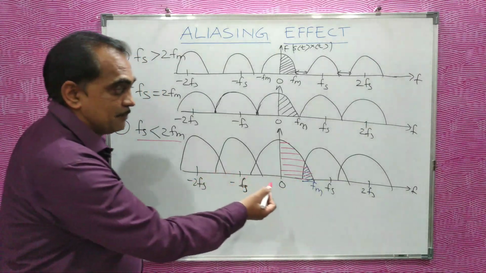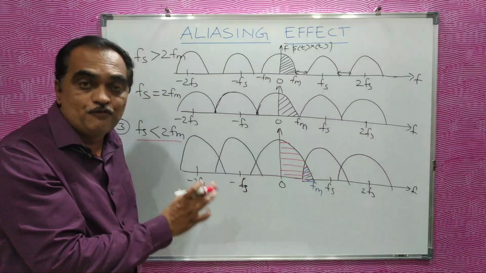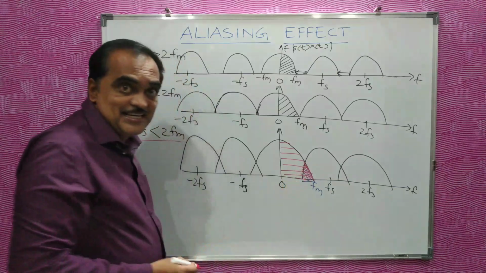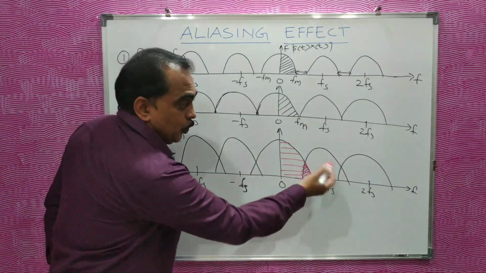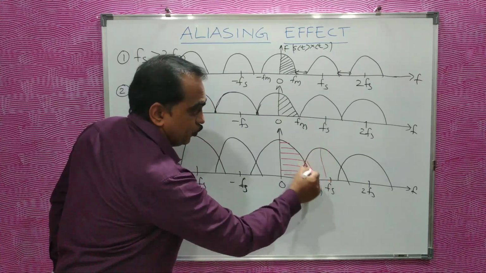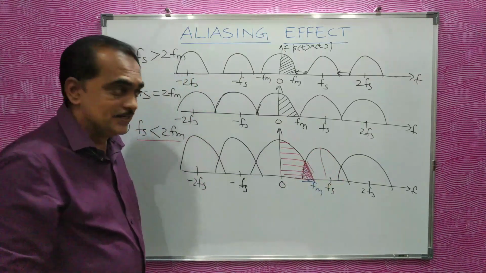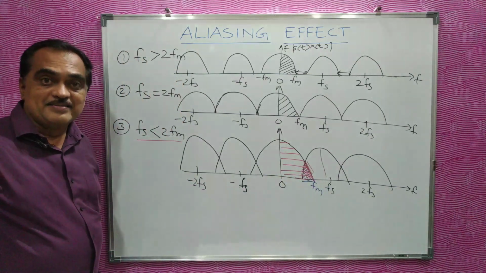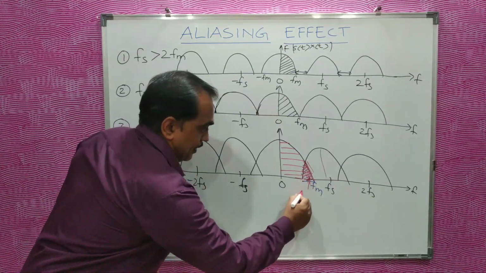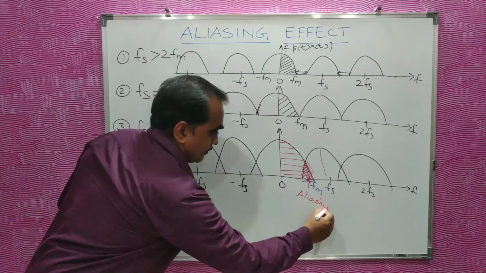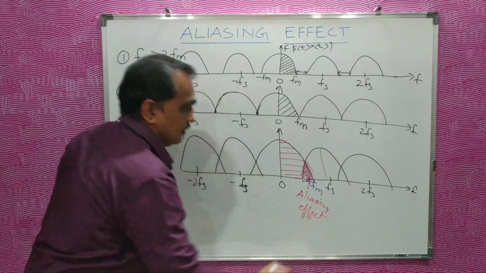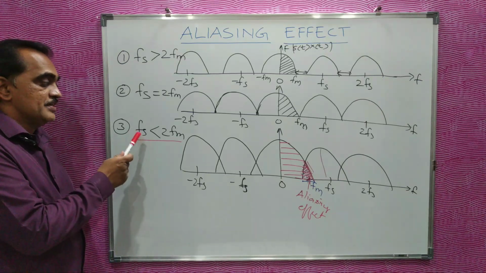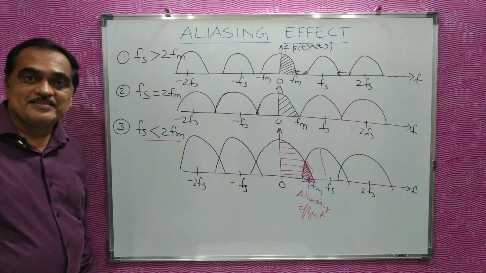In this overlapping, the higher frequency component of your original signal is taking the identity of the lower frequency component of the next double sideband. This overlapping is called the aliasing effect, and you get this effect because of undersampling, because you are taking the sampling frequency less than twice the highest modulating frequency.